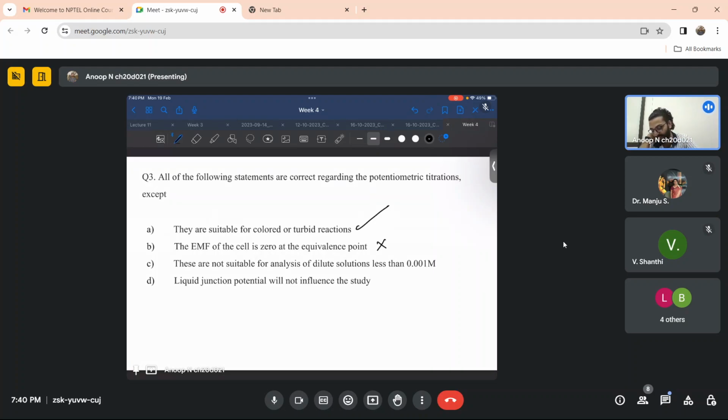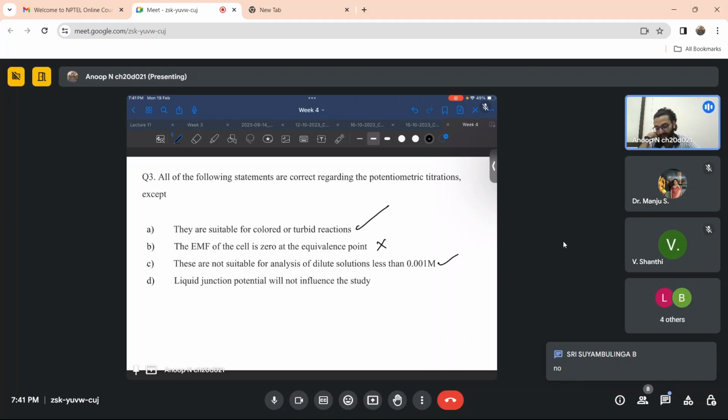The next option is this is not suitable for analysis of dilute solution less than 0.001 molar. What happens with a less than 0.001 molar solution? The concentration is too low, the equivalence point will come very early. When you add a very small amount, it is not possible by the means we have seen in the class. So this is also correct.